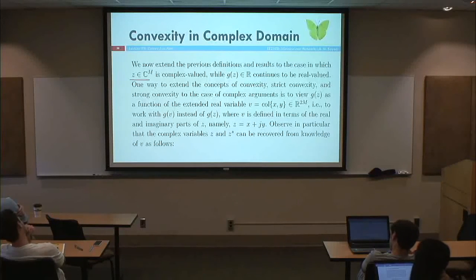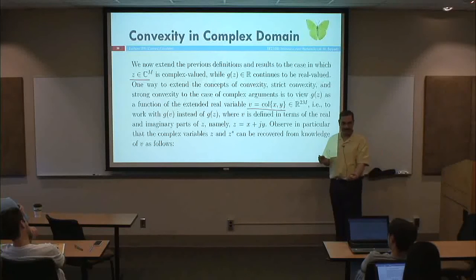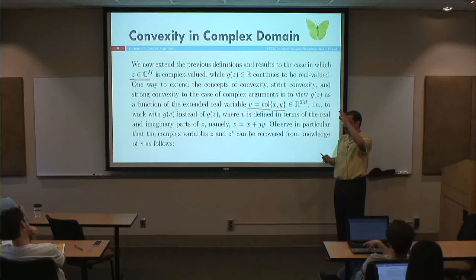One way to do it is to think of Z as this vector [x, y], where x is the real part of Z, y is the imaginary part of Z, right? G of Z can be thought of as a function G of V. Now it becomes a function of a real argument, but the real argument is twice as large, right?